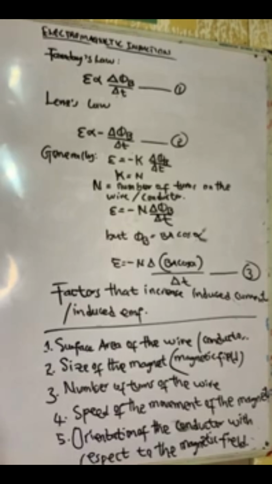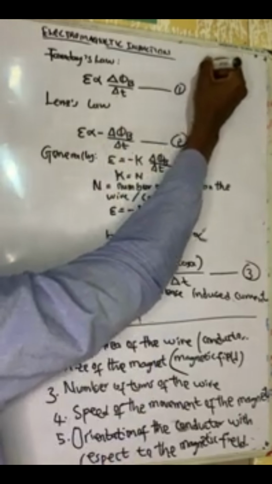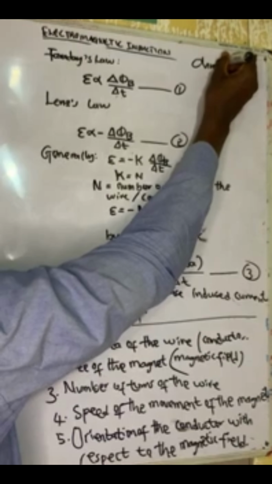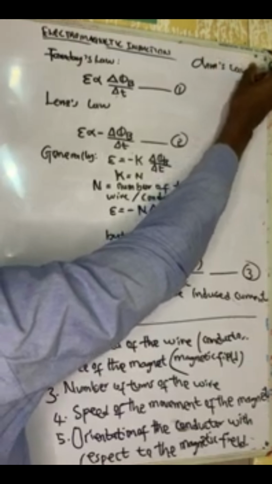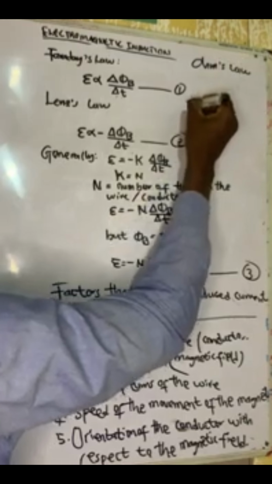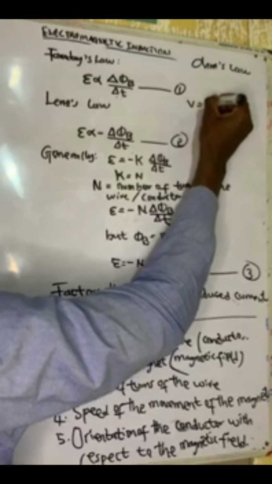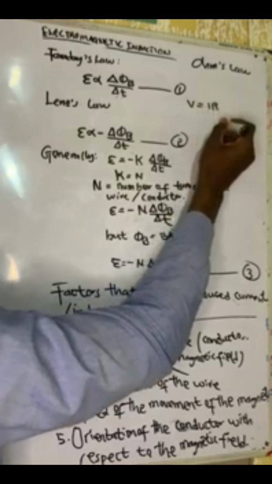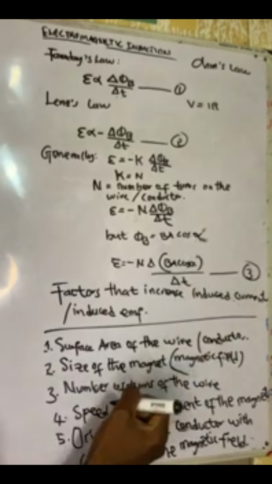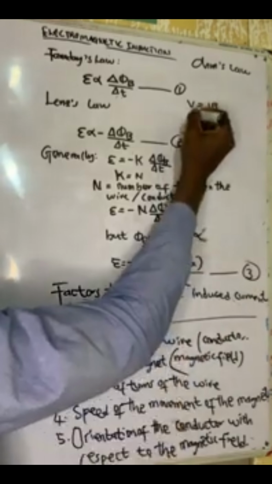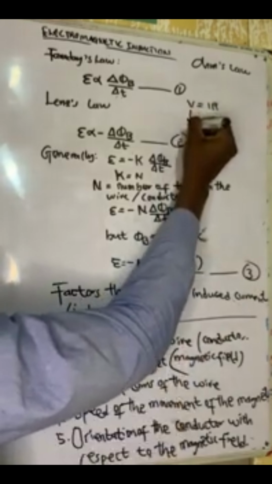All right. Thank you. So let's move on to how we are able to calculate the current that is generated during electromagnetic induction. So that brings us to Ohm's law. Ohm's law says that voltage, or the potential difference, is equal to current times the resistance. But when you look at electromagnetic induction, the voltage or the potential difference is actually the induced EMF.